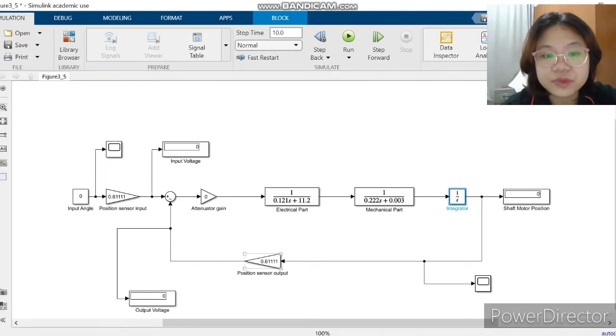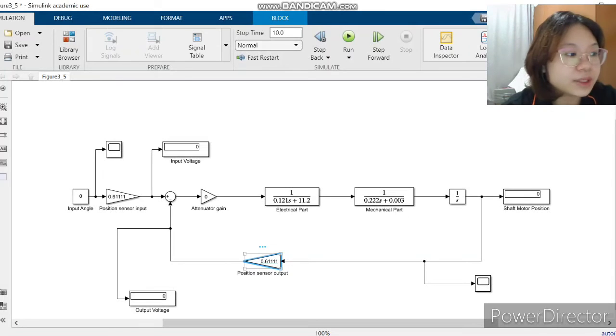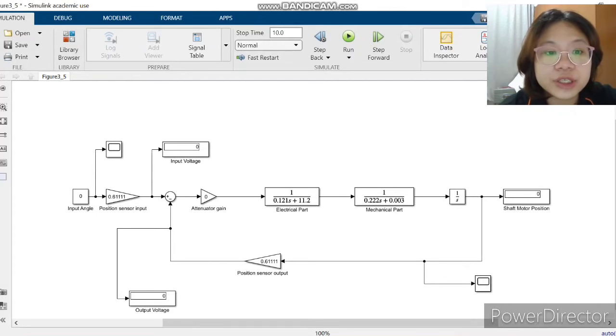And here the position sensor output or potentiometer output gain is 0.6111, which is Kp, same as the input. And here we will record the reading for input voltage, shaft motor position, and output voltage.